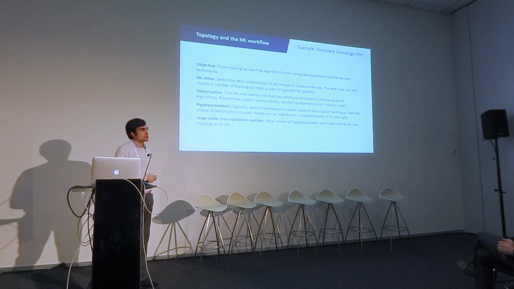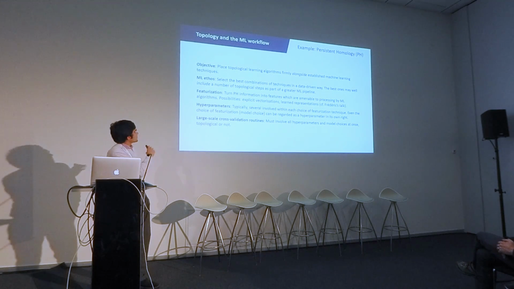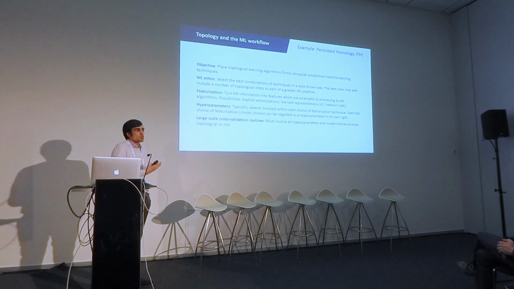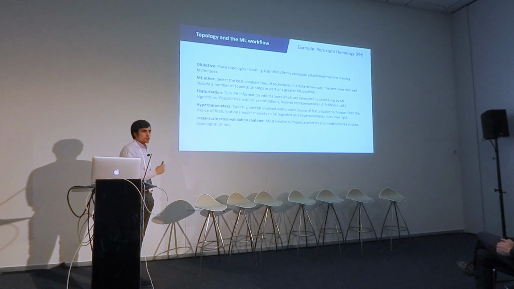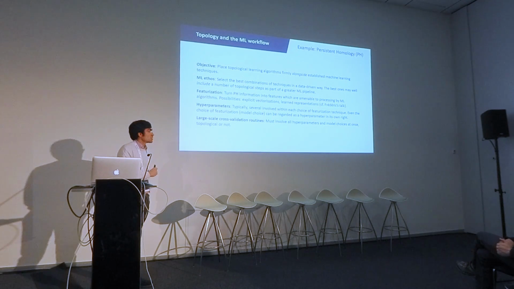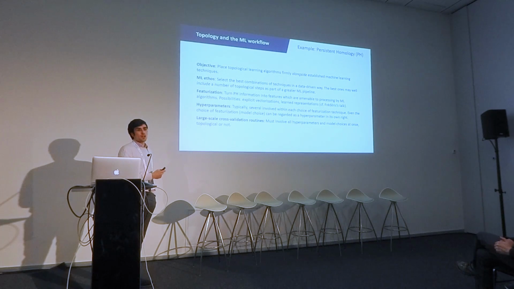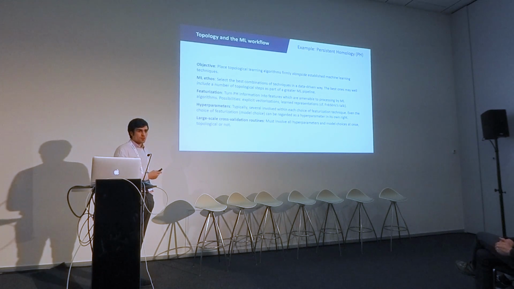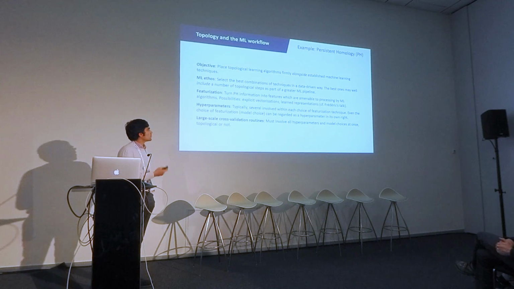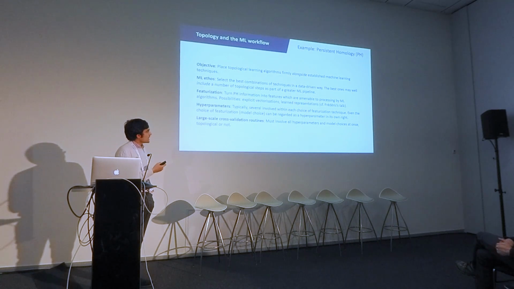We discussed a lot about featureization methods. So I think I'll just skip this in the interest of time. We've understood that there is this need to featureize topology. And we've also just mentioned with Catherine, especially at the very end, the fact that we may not have so many hyperparameters in topological algorithms, so we still have a few, and we need to be able to deal with that.